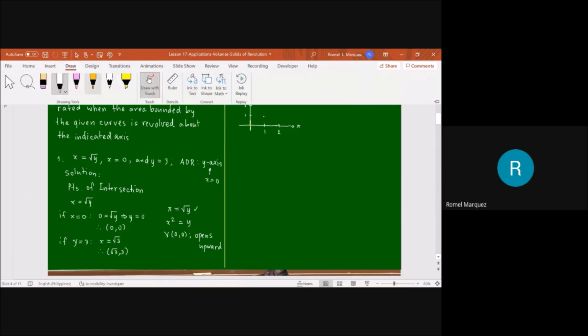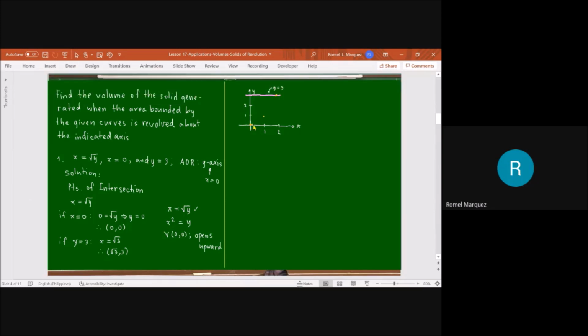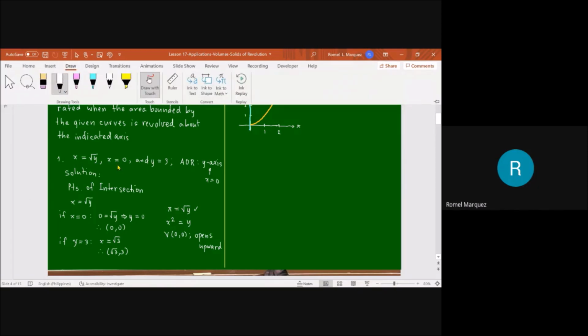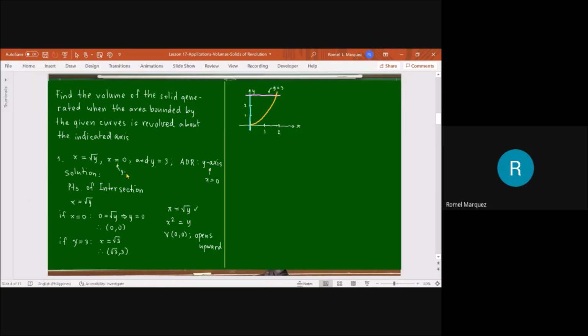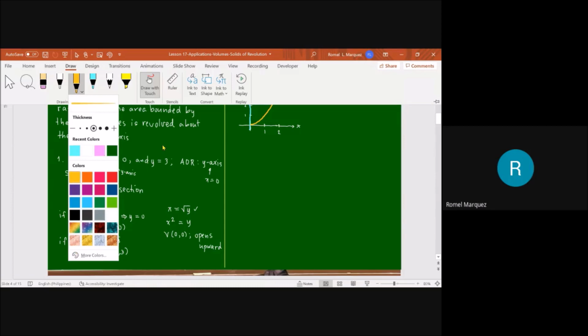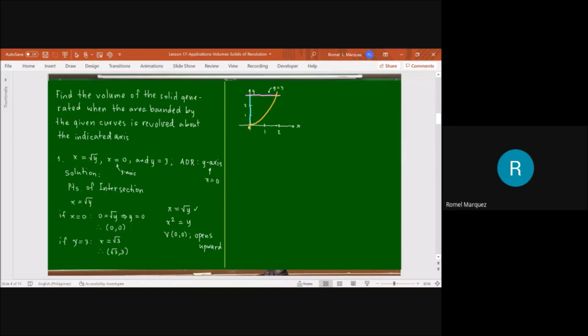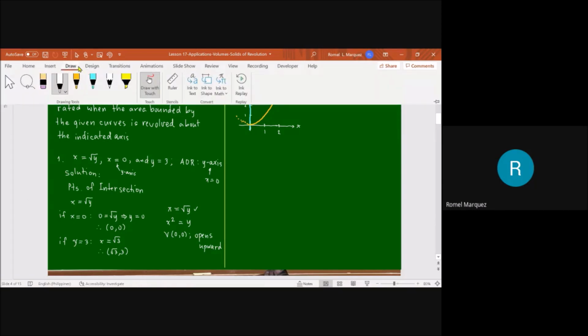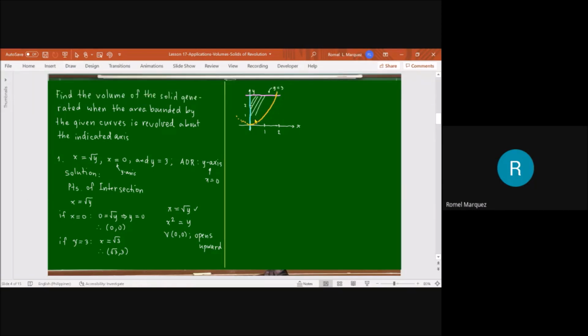So the parabola opening upward gives us this. This is the region bounded by the y-axis, where x equals 0 is the y-axis, and this parabola that opens upward. But we do not want this part; we only want this region, bounded above by the line y equals 3.